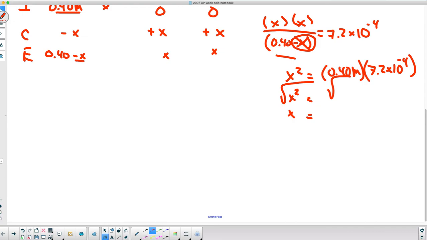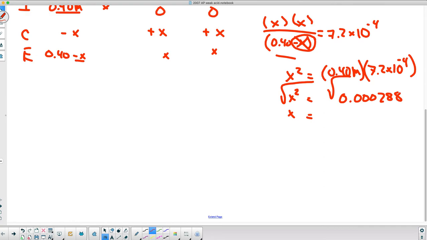Now, so I just got 0.4 times 7.2 E minus 4. Okay, that's going to equal, that's x squared equals 0.000288. I just wrote the whole thing down. I'm not worried about significant figures right now.